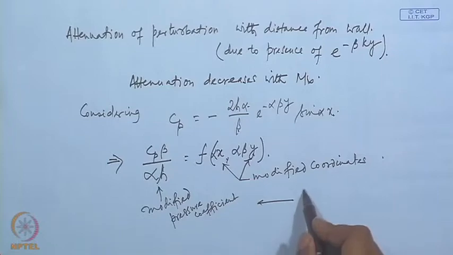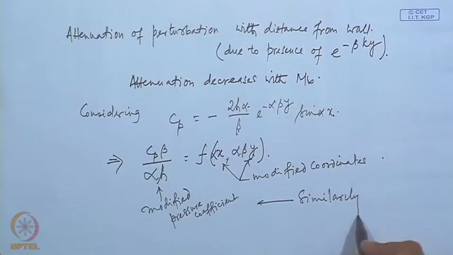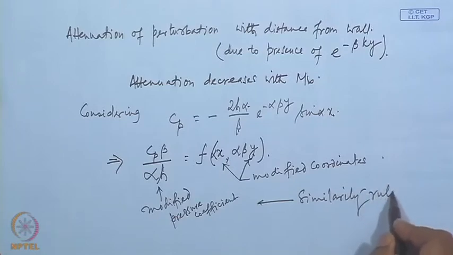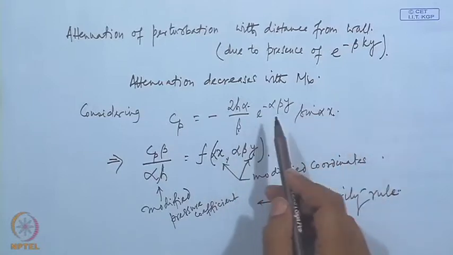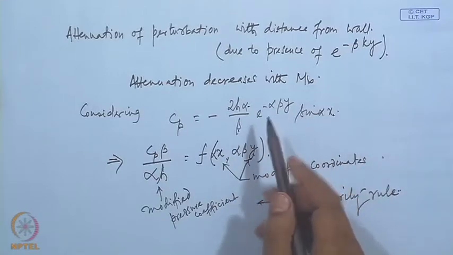a similarity rule which implies that there is some possible combination. When used, the total number of parameters involved will decrease. In this case, of course, we are getting this from the known solution, not a priori.